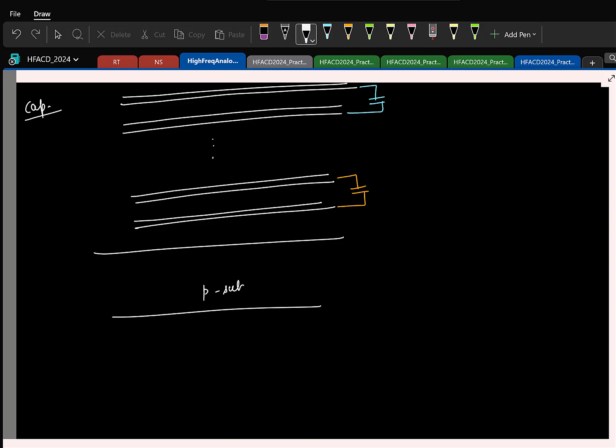But you know that if you have a CMOS process like this, the P substrate, which is the common body terminal for the NMOS transistor, is connected to ground, right? So now if this is connected to ground, whenever you have a metal line like this, that will have a parasitic capacitor from that metal to the substrate, right?